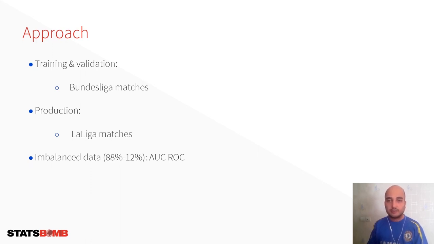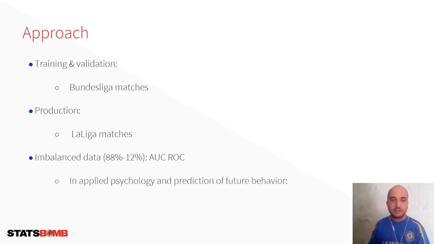To have an objective in this study, in applied psychology and prediction of future behavior, they define an AUC-ROC of at least 0.7 or higher as a goal in their studies, and that's exactly the same here. So if we can meet this objective, we will be happy at the end of this study.